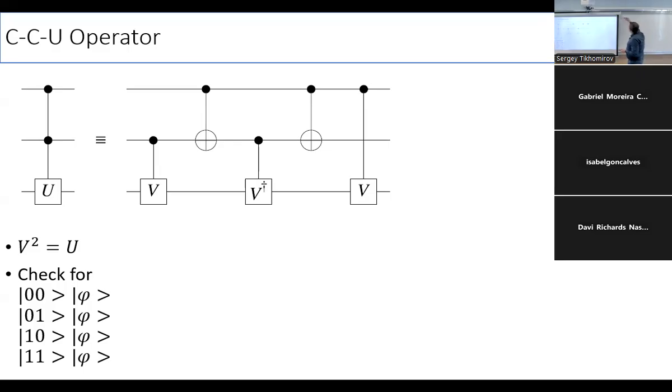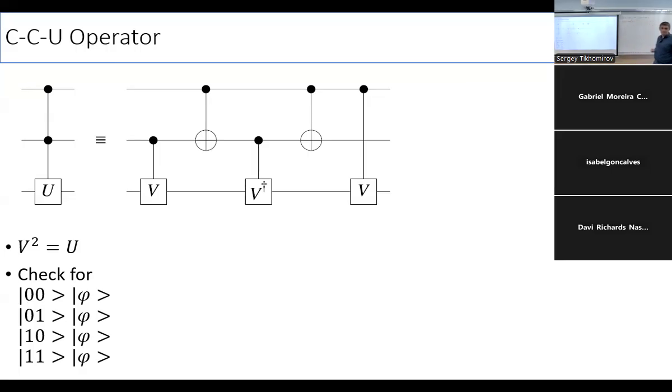So let us see. By the first scheme, 0, 0, 5 will go to where? By the definition of control, it goes to 0, 0, 5. But now let us go to the second implementation. Here we have 1, 2, 3, 4, 5 operations.